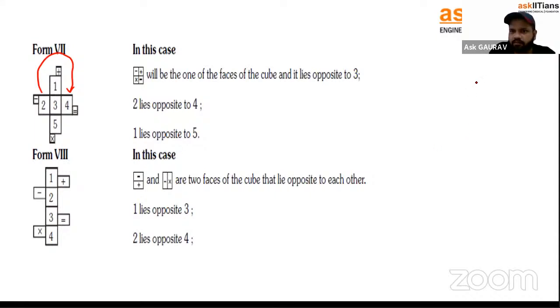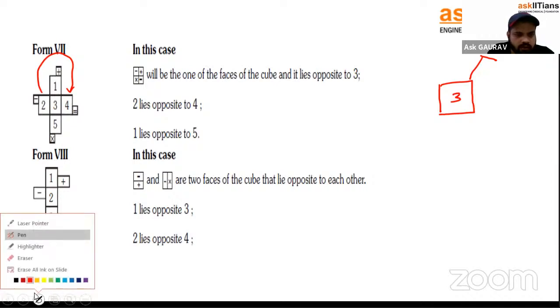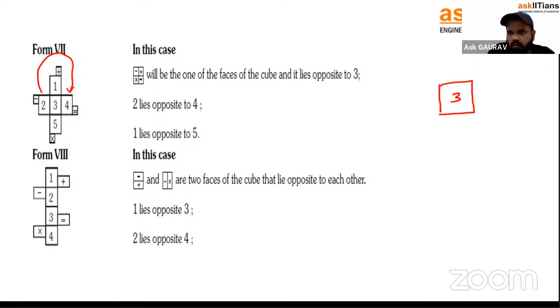If we just see, if 3 is your bottom, then okay, if you flip them, then 2 and 4 will be your opposite one, right? Similarly, 1 and 5. This will be 5 here.